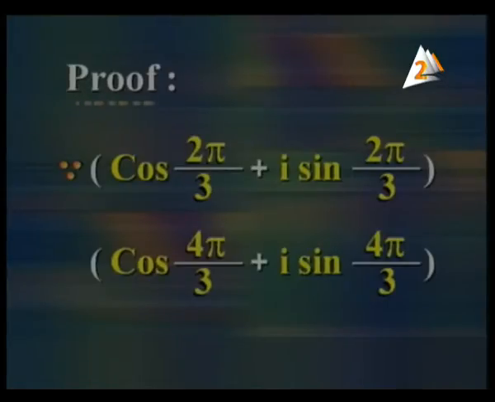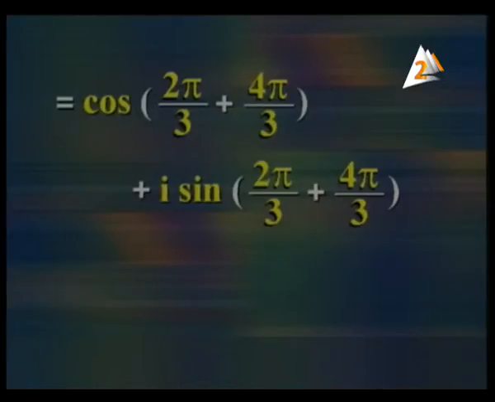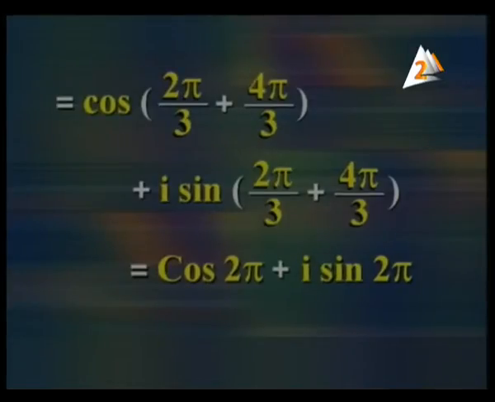Let cosine 2 pi over 3 plus i sine 2 pi over 3 be omega, multiplied by omega square, cosine 4 pi over 3 plus i sine 4 pi over 3. What does it equal? Cosine of 2 pi over 3 plus 4 pi over 3, plus i sine of 2 pi over 3 plus 4 pi over 3, equals cosine 2 pi plus i sine 2 pi.